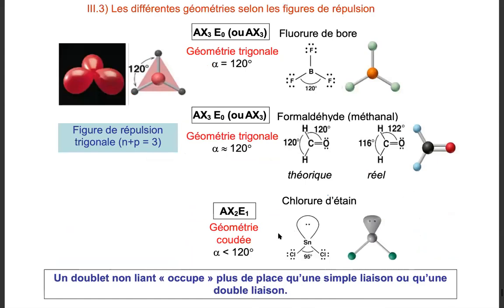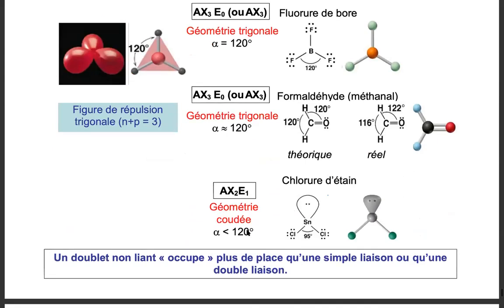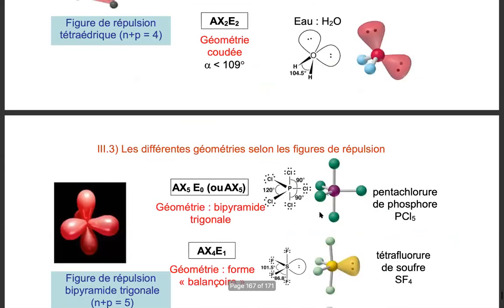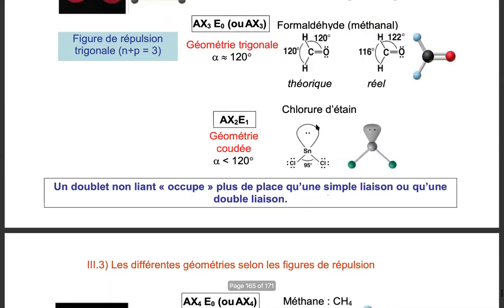Then we have another one here that is geometry coudée. The central atom is SN, which should be tin, bonded to 2 chlorine atoms. When you see this like an umbrella thingy with 2 electrons, in these diagrams, the Gillespie diagrams you're going to see, if you see a little arc on top with 2 electrons, that shows this is the lone pair.